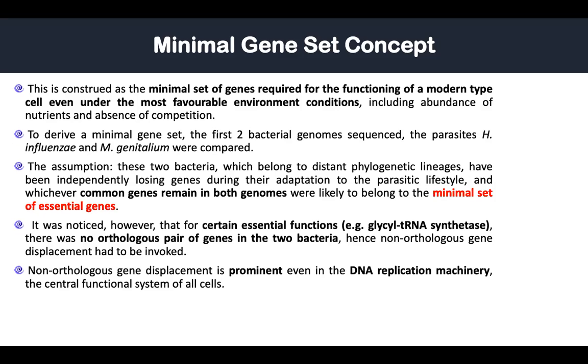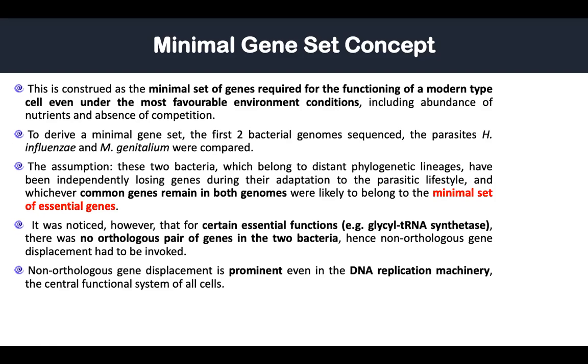After comparing these two parasites' genomes, all those genes which are present in both genomes are basically the minimal genes required for survival, because they're parasites. They depend on their host, or the media they grow in has everything they require. The researchers studied their genomes to see what minimum genes they require to still sustain if everything else is provided to them.